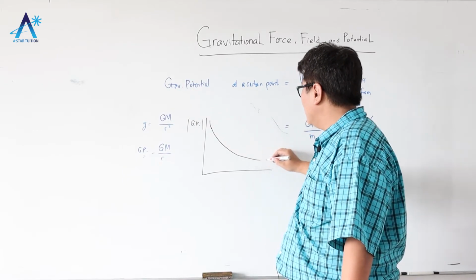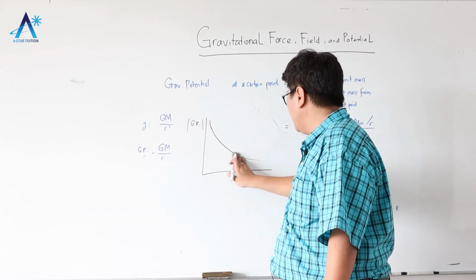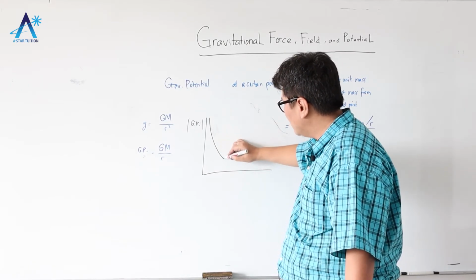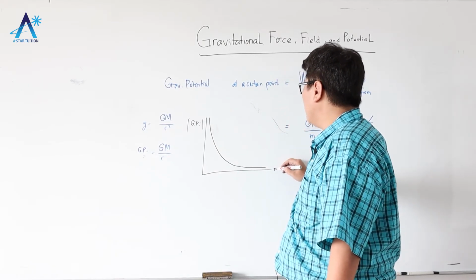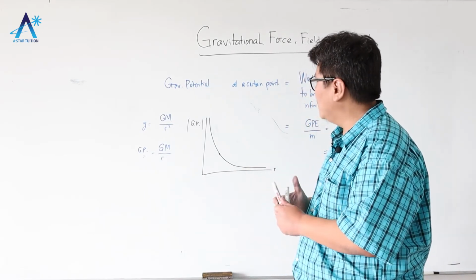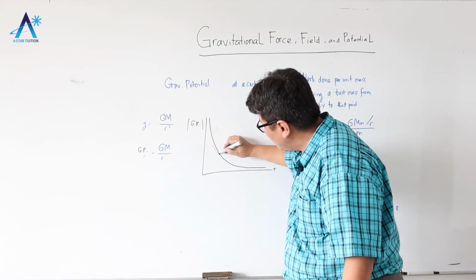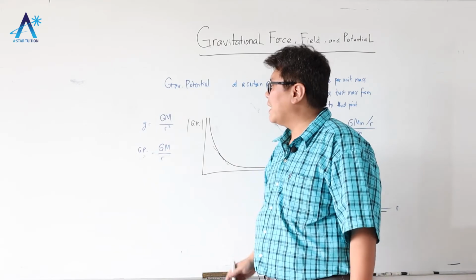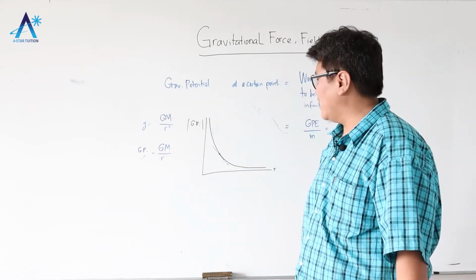Then what happens is that the slope of the tangent line at any point, let's say here, will give you the magnitude of the field strength.